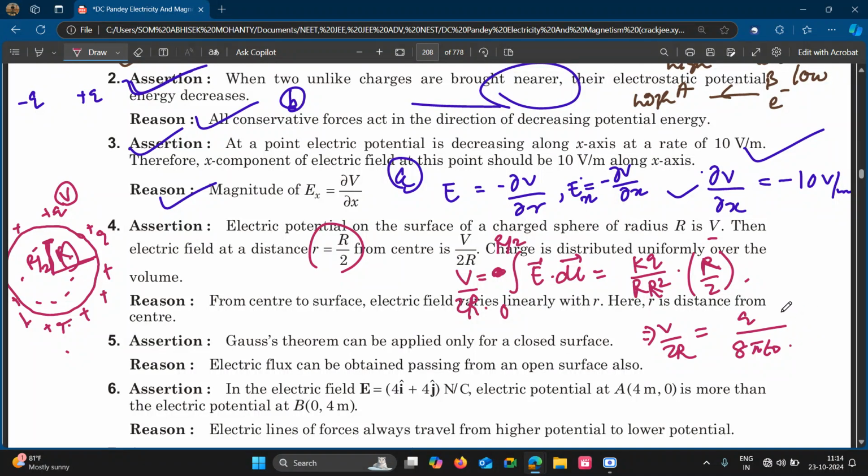This is the expression, and V is equal to QR divided by 4 pi epsilon, as 2 cancels. Don't think that R should be below according to dimensions; this is as given in the question.